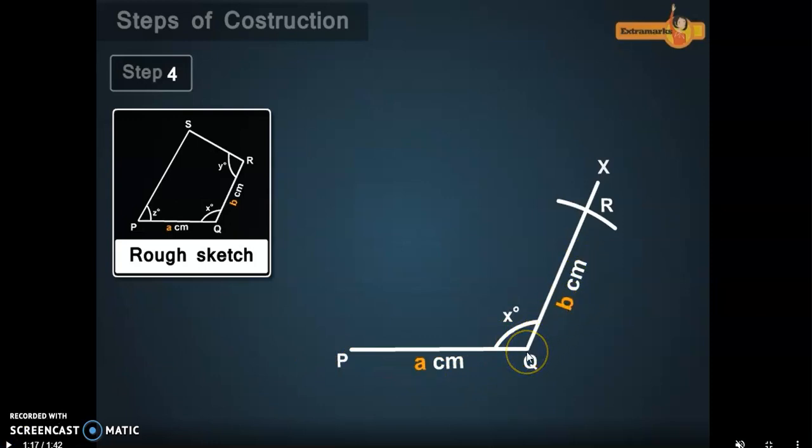Whenever we use a compass, it is used to draw a circle. A circle is drawn with the measurement of the radius, isn't it? So what is the definition of an arc? An arc is a part of a circle. So we should mention the center and radius whenever we draw an arc. Whenever you draw an arc in the steps of construction, you will state: with Q as center and radius B centimeter, draw an arc.